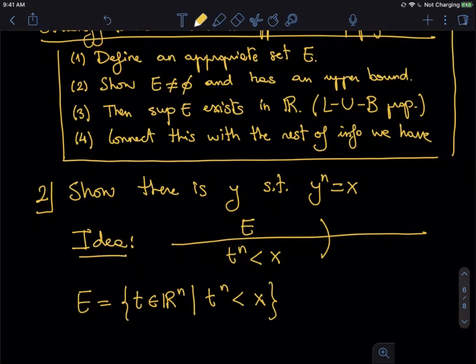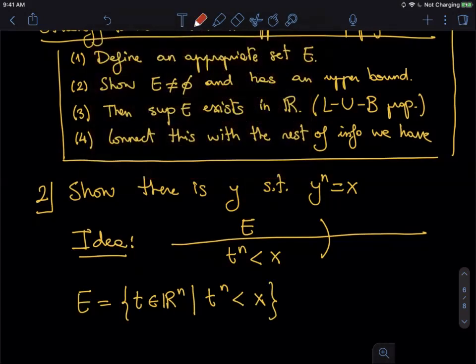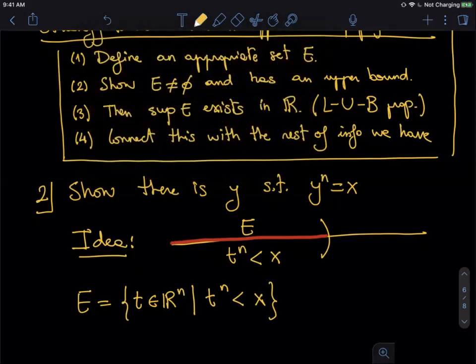So the idea here, we have our set E. Our guess is, because all these numbers, when you raise them to the power n, are less than x, maybe if we go all the way to the extreme, maybe there's an equality.